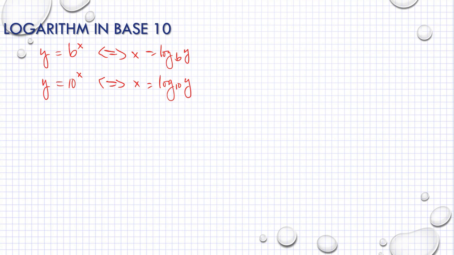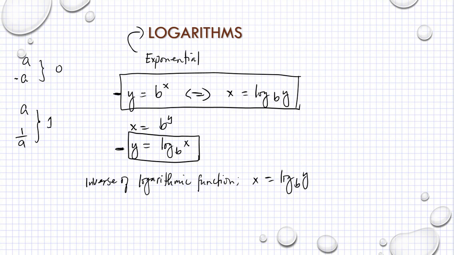For example, 1000 is 10 raised to 3, and they are equal if and only if 3 is the logarithm of 1000 with a base 10, according to the first definition that I have.